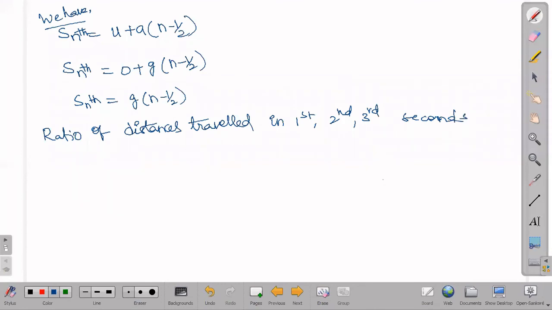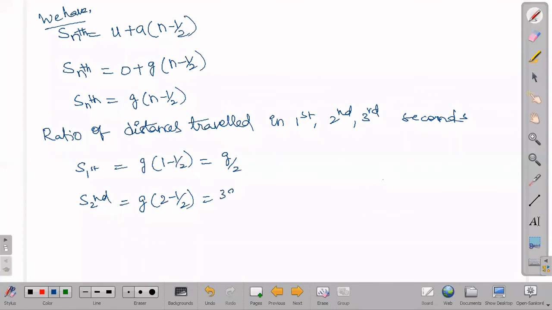First, S first second: g into, in n place we get 1, so 1 minus half will be half, so we'll be getting 1 by 2 into g, that is g by 2. Next, distance traveled in the second second. Previously what we have done is 2 seconds, complete 2 seconds. Here what we are writing is only in the second second. Now g into 2 minus half. If we take LCM, 2 times 2 minus 1, that is 3 by 2, we get 3g by 2.